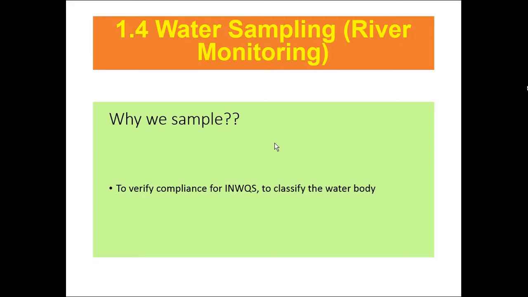The sampling must depend on the condition of the surrounding environment of that area. This sampling is to verify compliance with standards, and then we can know which type the water falls under and what purpose that water quality is suitable for.